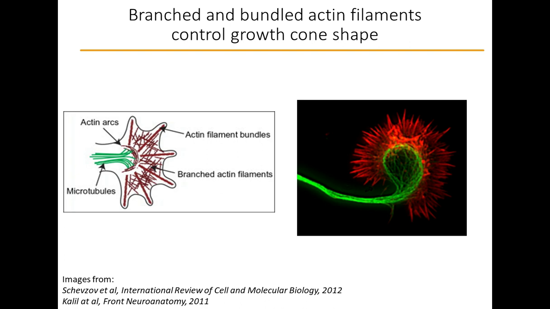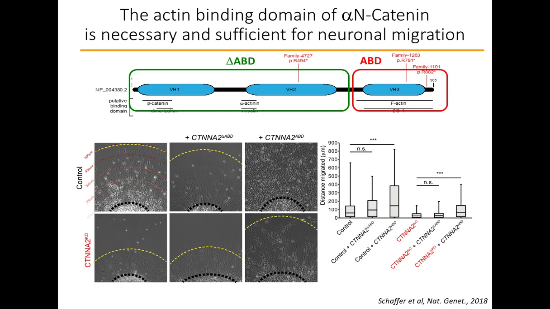Based upon the cellular phenotype of the patient migrating neurons, we suspected that actin branching and bundling may be misregulated when alpha-catenin is mutated. But to specifically test whether a direct alpha-N-catenin-actin interaction was necessary for neural migration, we created a couple of lentiviral constructs.